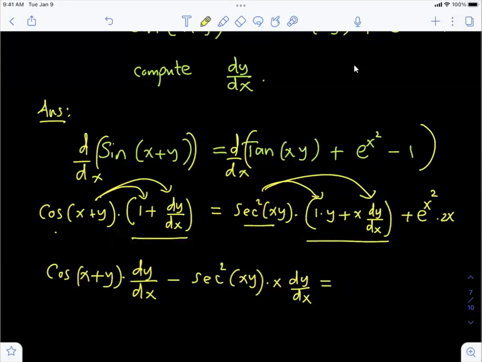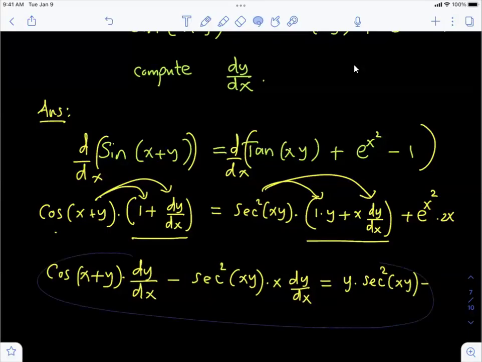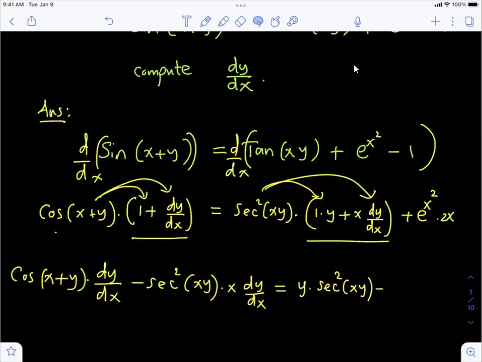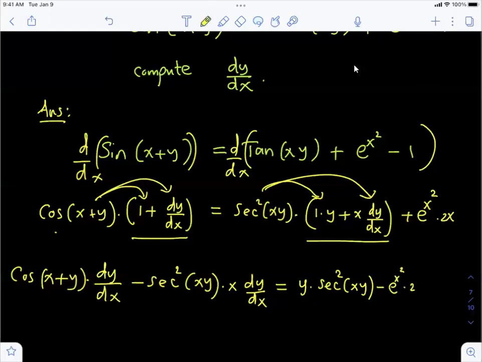First of all, this term that we already have, the multiplication of secant square xy and 1 times y, is just y. So y times secant square xy, and then minus. This term seems to get a little involved. The purpose of this example is to show you a somewhat complicated computation, and trust me, it cannot get more complicated than this. 2x.